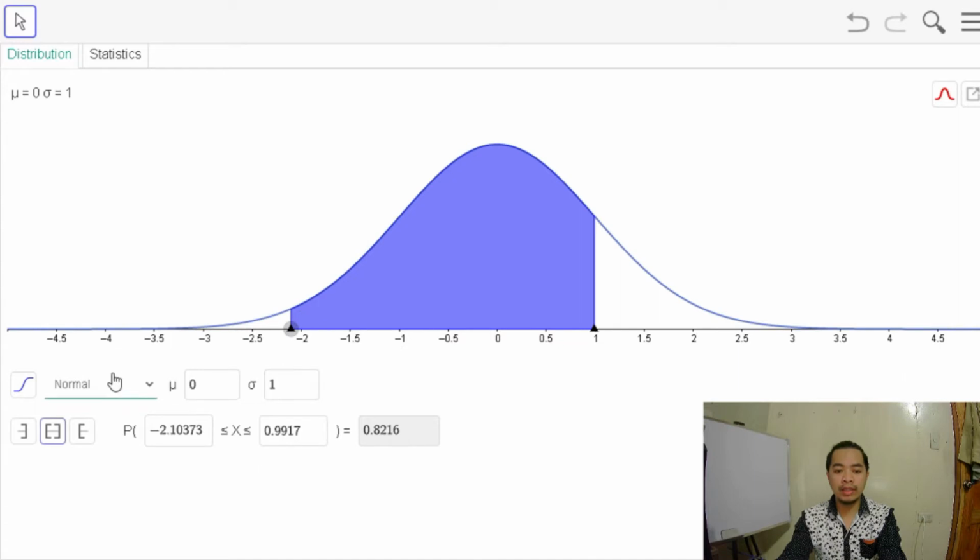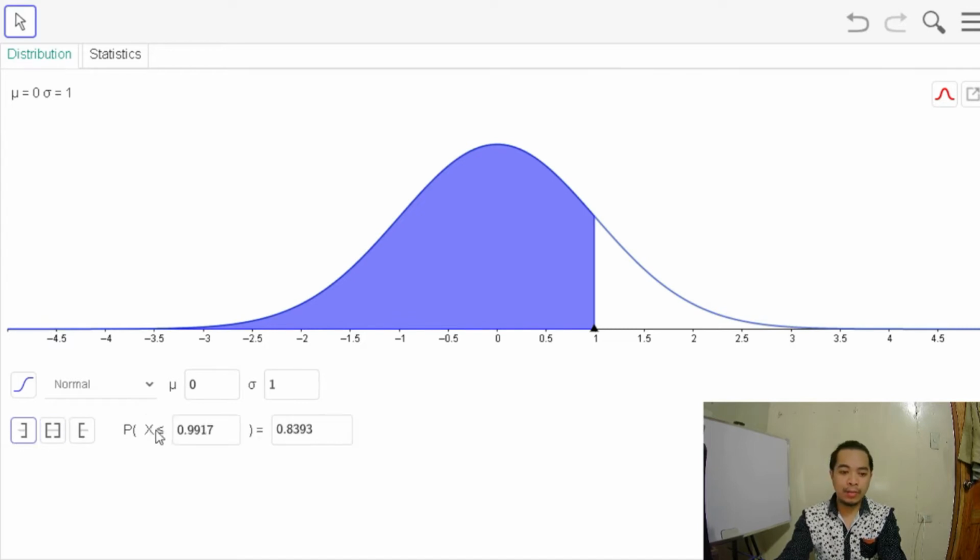Suppose we want to identify the probability that x, when you randomly select a number x from our normal distribution, we can specify a direction.